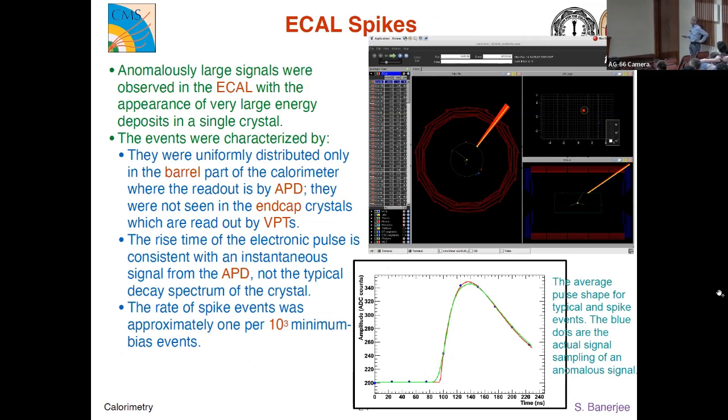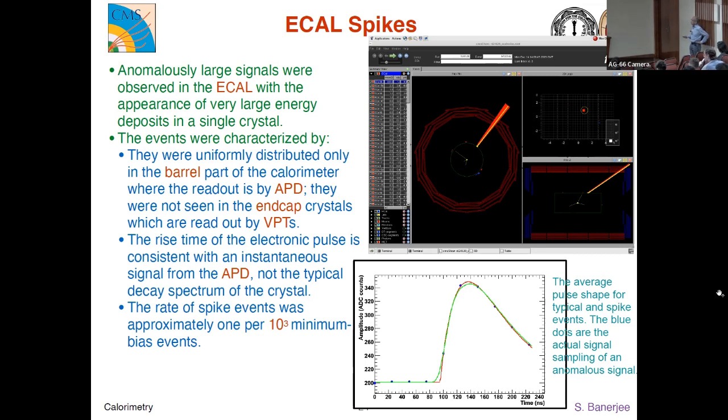First of all, when we see these particular signals in the ECAL crystals, we see them only in the barrel part of the detector and not in the endcap part. Secondly, we see that it happens in a single crystal. An electromagnetic shower usually happens in several crystals surrounding a central crystal, but this happens in a single crystal.